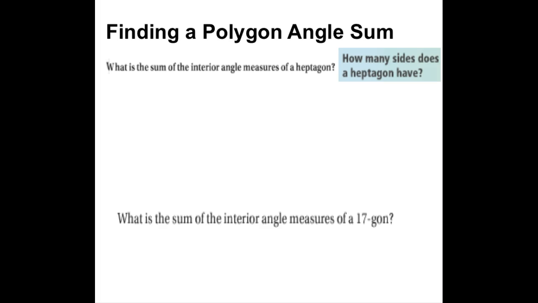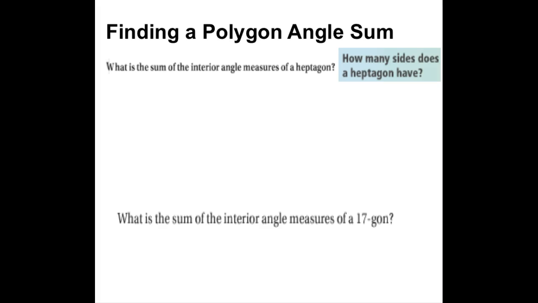All right, so finding a polygon angle sum. It says, what is the sum of the interior angle measures of a heptagon? Well, it might be useful to know how many sides a heptagon has. Triangles are 3, quadrilaterals are 4, pentagons are 5, hexagons are 6, and heptagons are 7. Octagons are like your stop signs, those are 8.